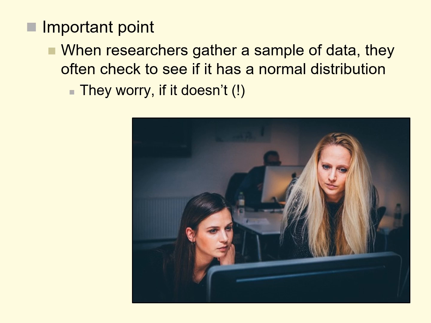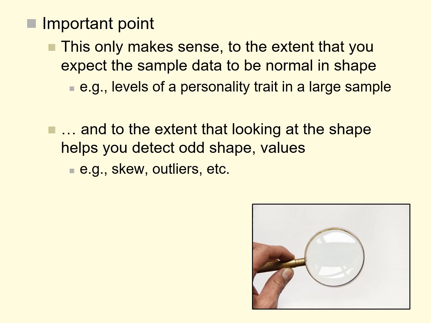Now, why am I telling you this? I think this is kind of an important point. When researchers gather a sample of data, they often check to see whether that data has a normal distribution. And sometimes they really worry if it doesn't. This only makes sense to the extent that you expect the sample data to be normal in shape.